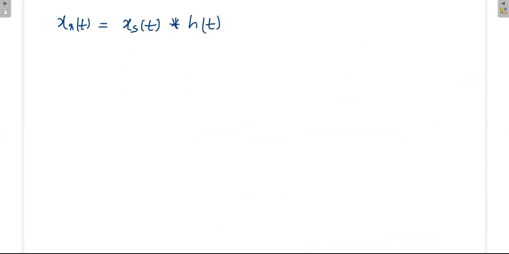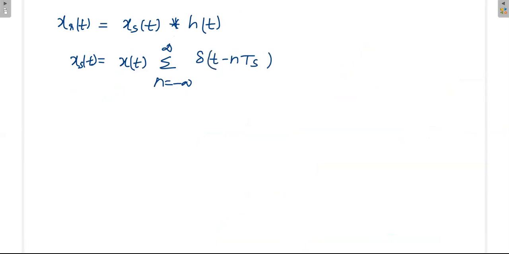X_s of t is the sampled signal. We know that X_s of t can be represented from x of t like this: simply x of t multiplied with the train of impulses, summation n from minus infinity to plus infinity of delta of t minus nTs.